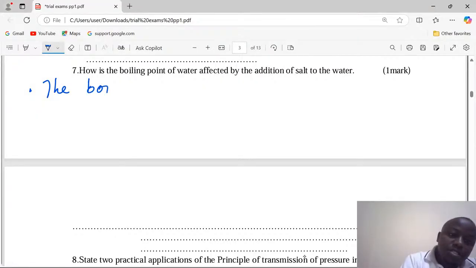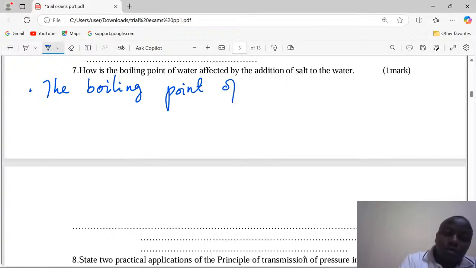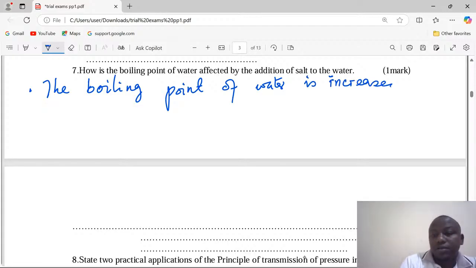The boiling point of water is increased.